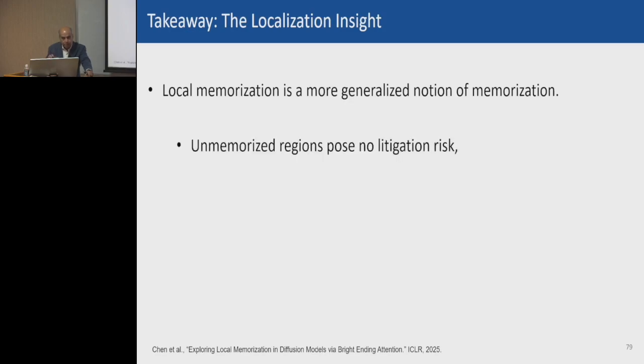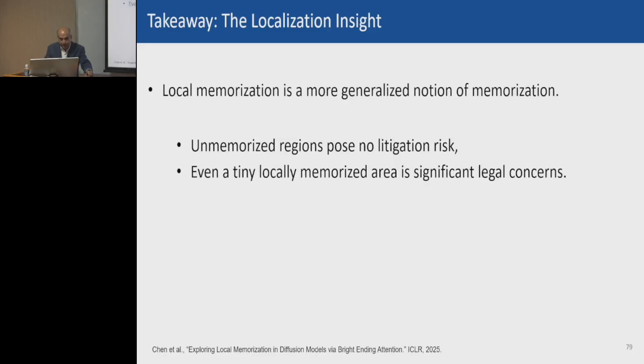So now the main point here is, as I showed you, that local memorization is a more general notion of memorization, because in unmemorized regions nobody cares, right? There's no litigation risk. But if there's a very tiny memorization area in an image, that's a problem. It's a legal concern.